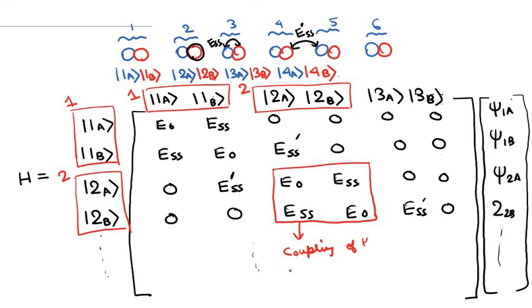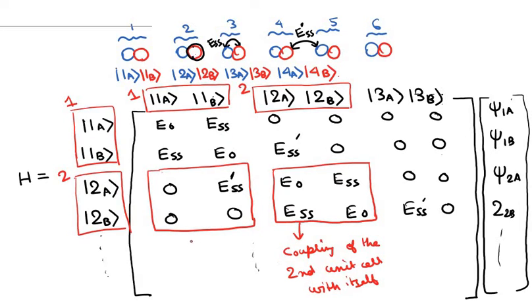This is the matrix which defines the coupling between the second unit cell and the first unit cell.